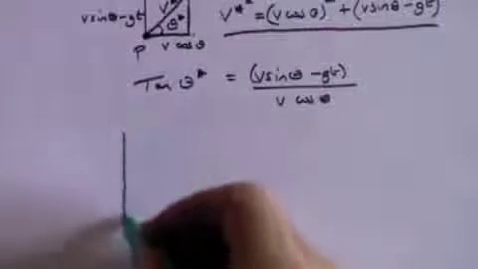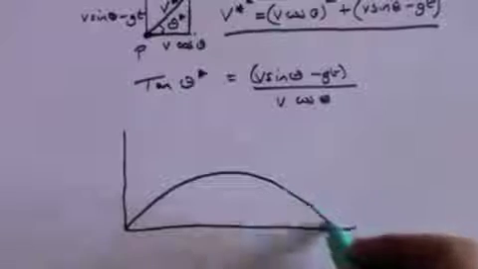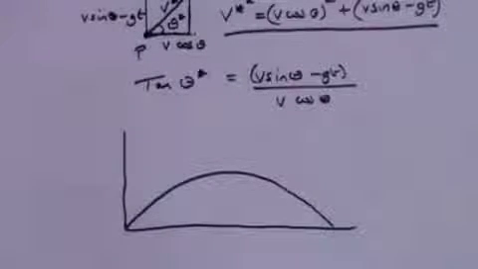Let's just think for a moment, what is the shape of the curve or the trajectory when the ball is thrown or the bullet is fired or whatever it may be?